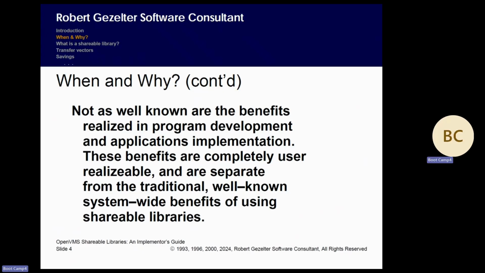If you have your own common set of tools that your program uses, you can build a shareable library with those tools and then link them at image activation time into any image you build. You can do that as a management technique without any privileges, or with privileges, you can install the shareable image, and the same copy of the read-only library will be used by all users of that library.